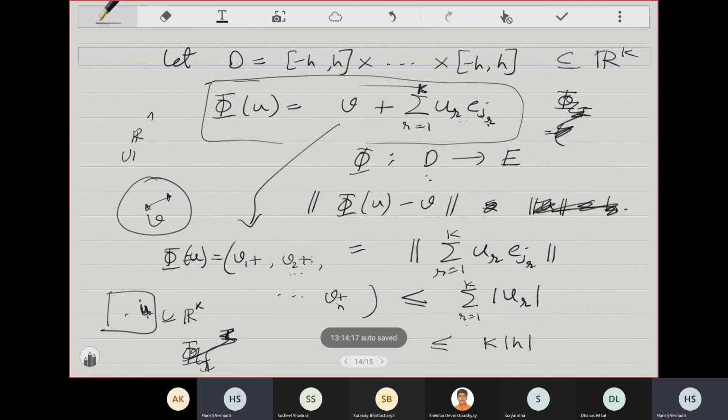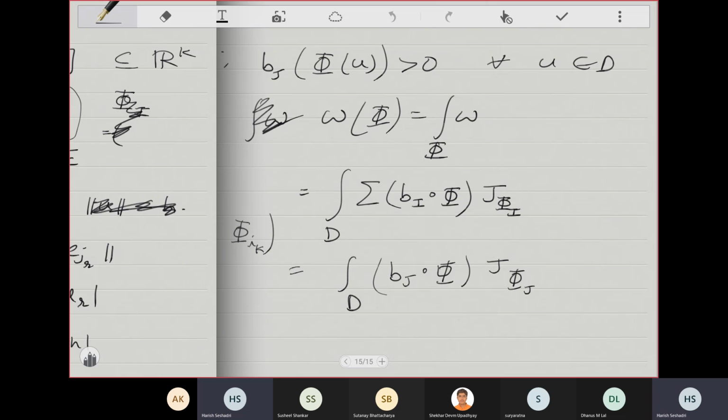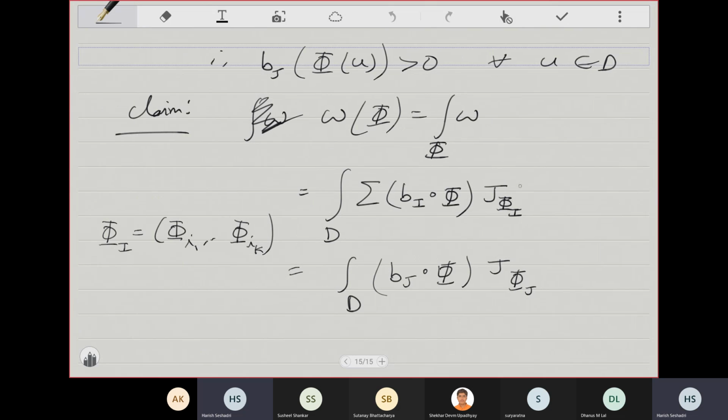So what will happen is that if you take this Jacobian of phi I, if I is not equal to J, one of the component functions will be constant. It will be just v something. And therefore the Jacobian will be 0. So it's kind of messy to explain.